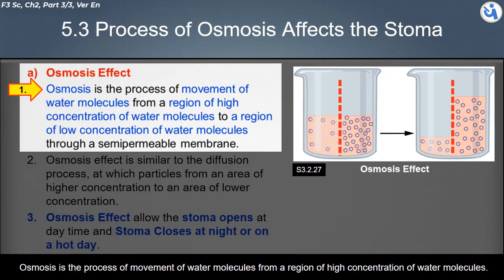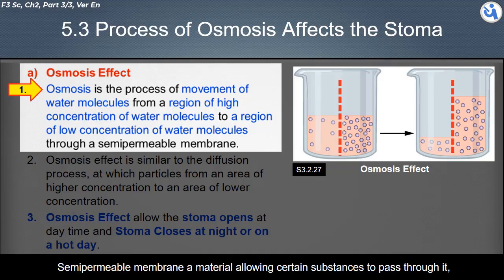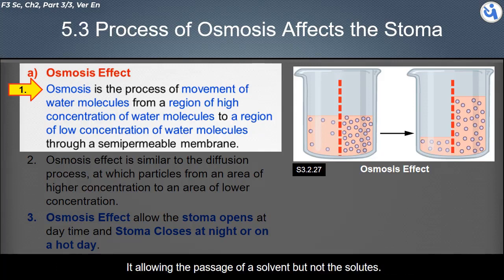Osmosis is the process of movement of water molecules from a region of high concentration of water molecules to a region of low concentration of water molecules through a semi-permeable membrane. A semi-permeable membrane is a material allowing certain substances to pass through it. It allows the passage of a solvent, but not the solutes.